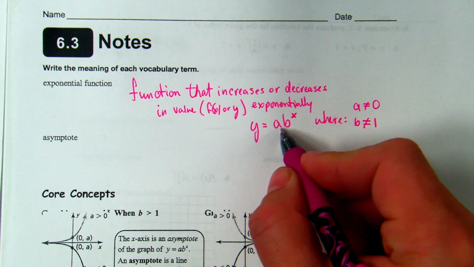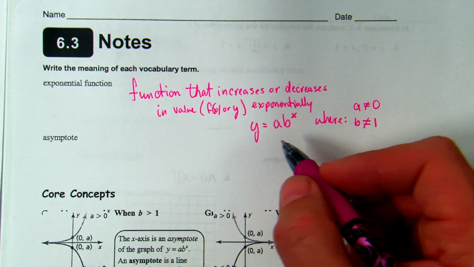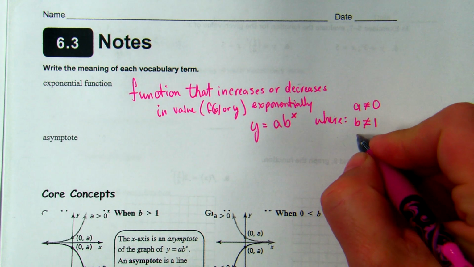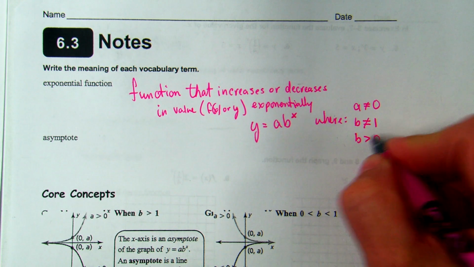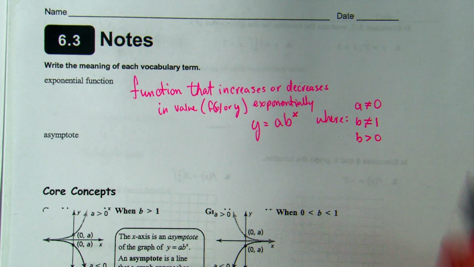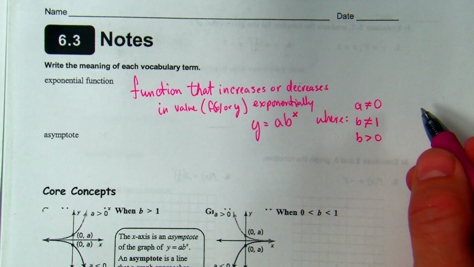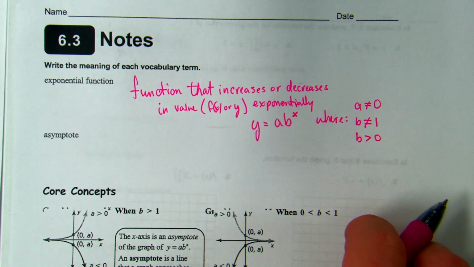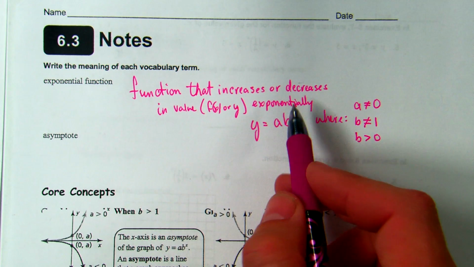So y equals a constant is still just a horizontal line at that constant. And so a can't be 0, b can't be 1, and b has to be greater than 0. In some cases you may have b less than 1 or b greater than 1, but it can't be 1, and it has to be greater than 0. So when these criteria are met, we see a function that's increasing or decreasing in value exponentially.